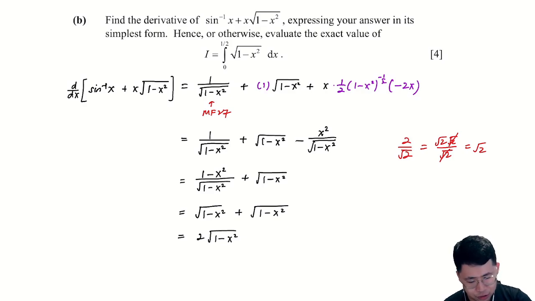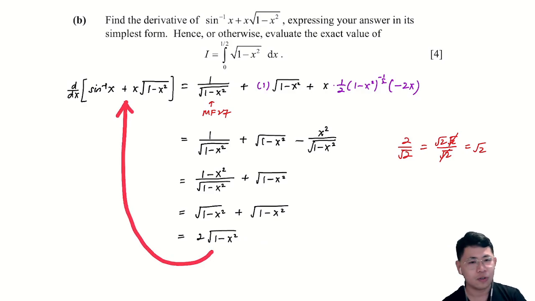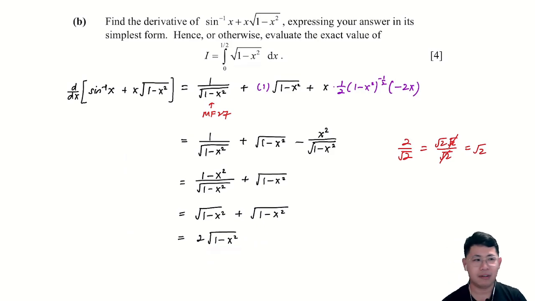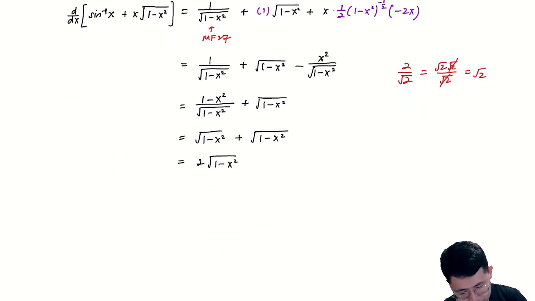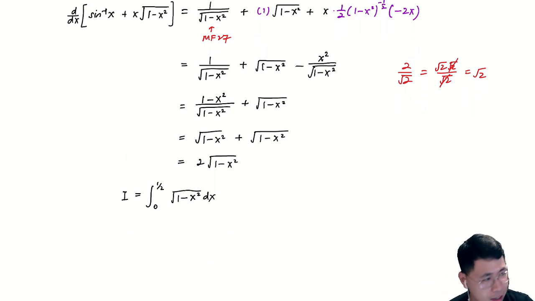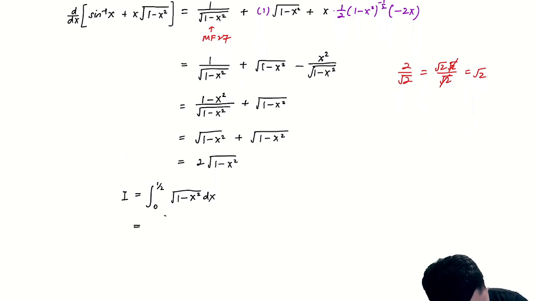So we differentiate this. Now, hence or otherwise, evaluate the exact value of this. Making use of the answer, we try to integrate back to this one over here, because we already have this one. Very nice. So I is equal to the integral from 0 to half, following the question, of the square root of 1 minus x squared dx.